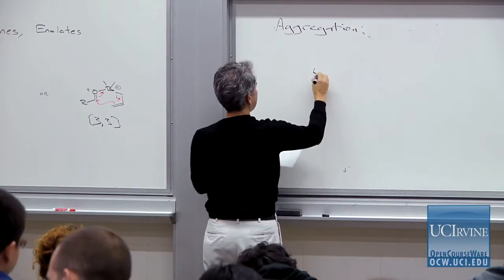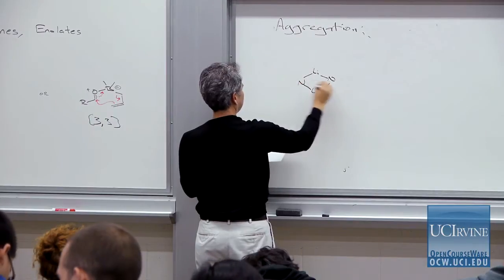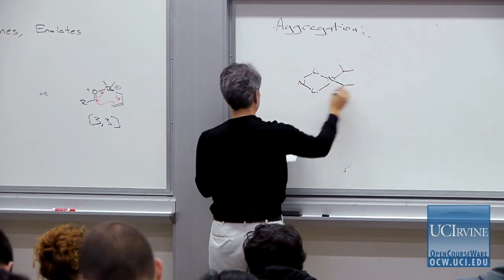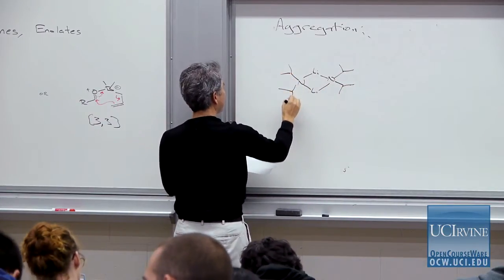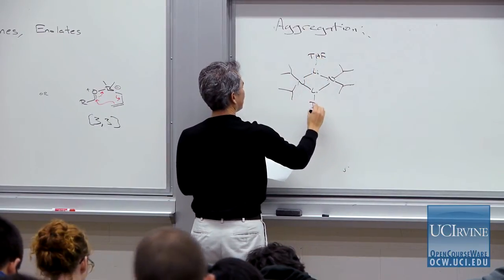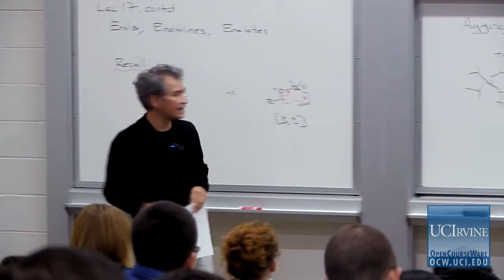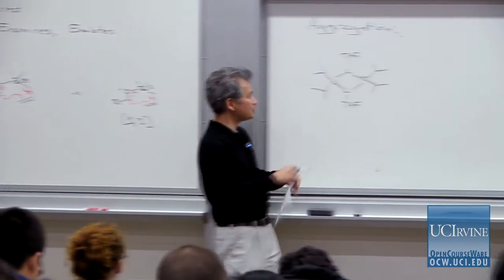So if you look at LDA in solution, or lithium amide bases, they exist mostly as dimer. This is something that we've talked about before. And so typically you make LDA in THF. The ether oxygens of THF are coordinating. So this is what LDA looks like in solution.